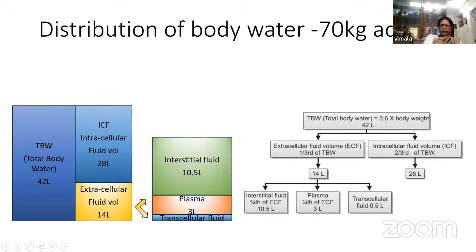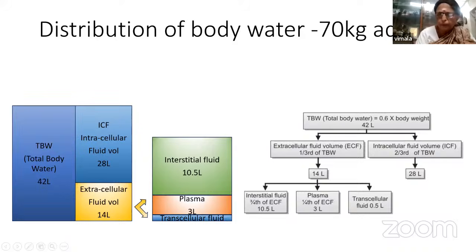So this is the distribution of body water. This is my favorite topic. No class passes without saying something about fluid and acid base because it's a passion for me. If you take a 70 kg adult male, normal body water is around 60%. That is, in the 70 kg man, the total body water is 42 liters.